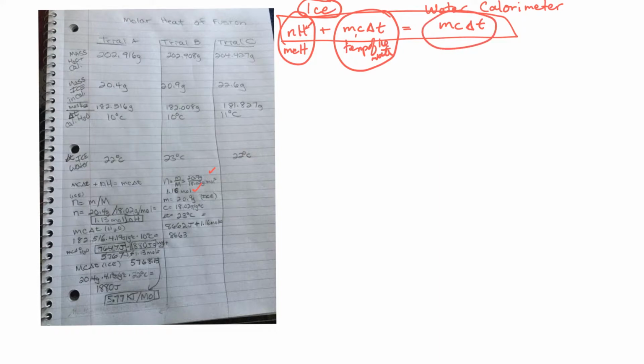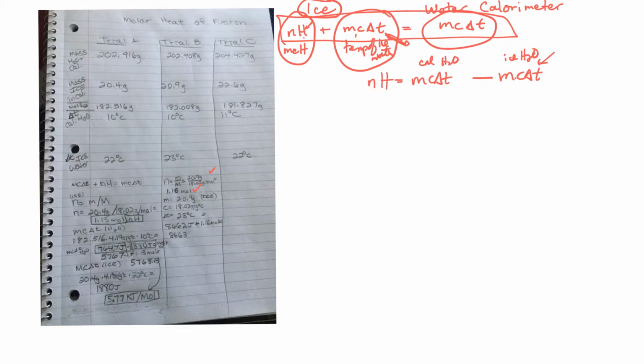Okay? Now, if we're solving for this H, I'm going to move this mcΔT to the other side. So my formula now will be nH is equal to mcΔT minus mcΔT. This mcΔT here is the one that I moved over. So this is of the ice water, and this is just the calorimeter water.